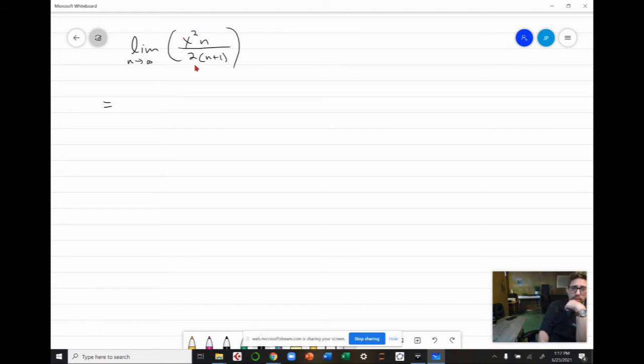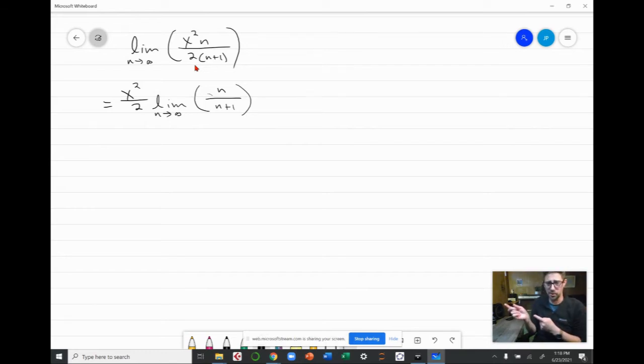So one of your old kind of algebra laws for limits was that anything that's not affected by the limit can come out front. It doesn't have to, but it can, because it doesn't care that n is going to infinity.